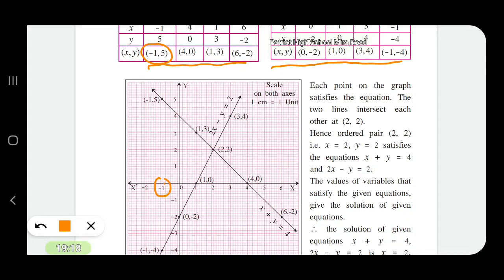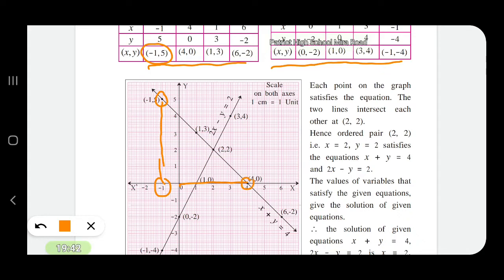So this is your positive side, 1 2 3 4 and 5. You have minus 1, 5 over here. Similarly in the x direction you move 4 points, so it will be 4, and in y direction you are not moving because it is 0 only. So this is your second point.